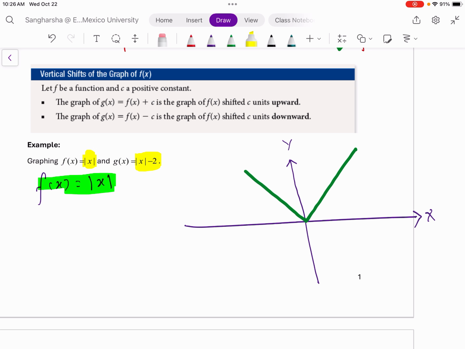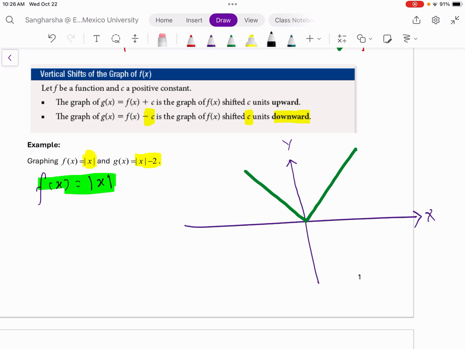We subtract 2, right? So when we subtract any number from a function, our graph is shifted vertically downward by 2 units. Every time we subtract any number from a function, we move that graph vertically downward by that number.